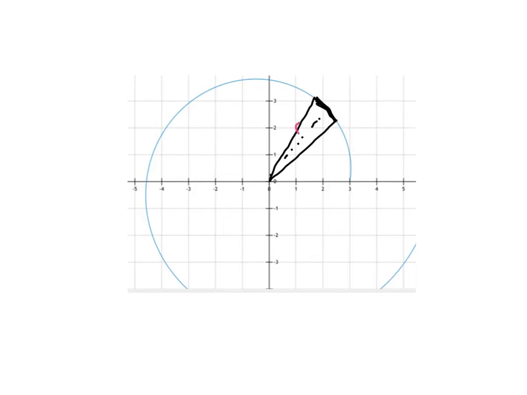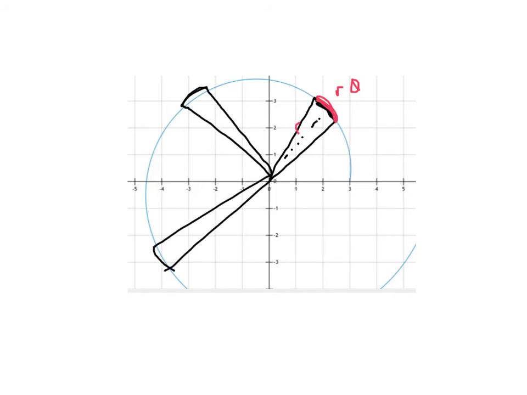It's how far away from the origin we are. This length right here we kind of assume is circular, and we call that r theta. So you see, even though it's not necessarily a circle, as we build these triangles in, it still takes on the same types of shapes.